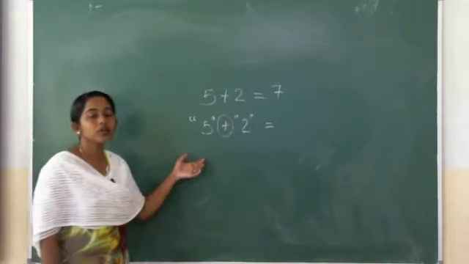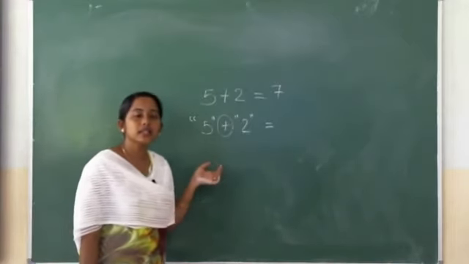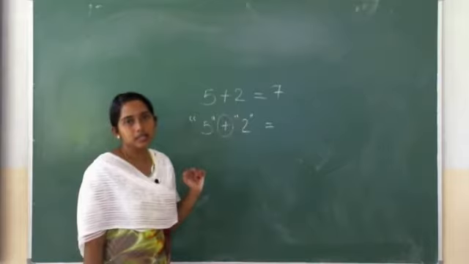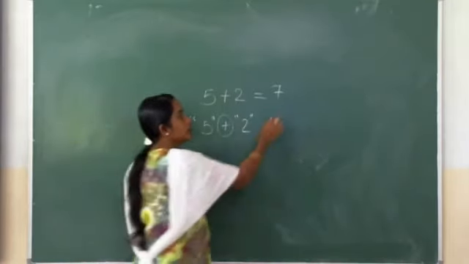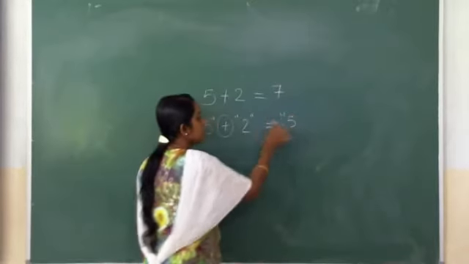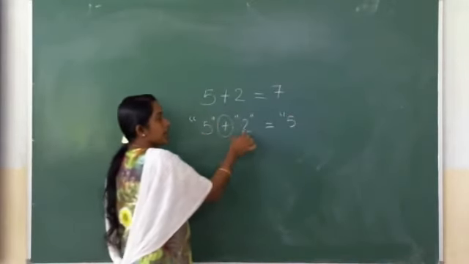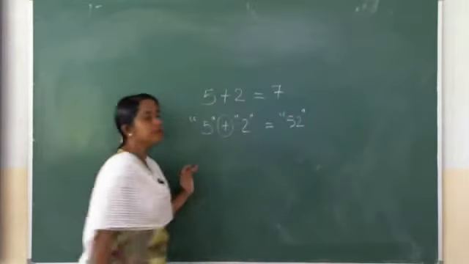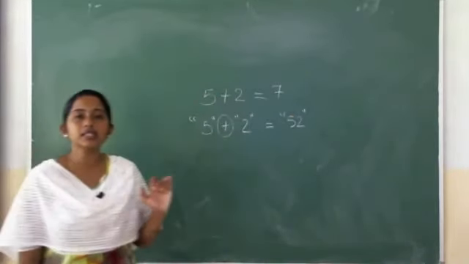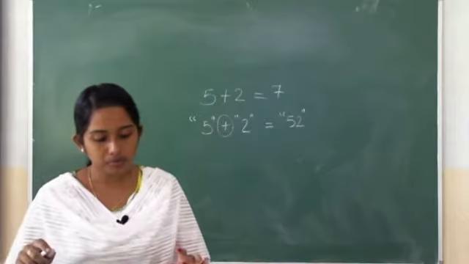Append means we are doing the concatenation of strings. That means just join. The first string is 5 and the second string is 2. So we will join them together and the final result is 52.